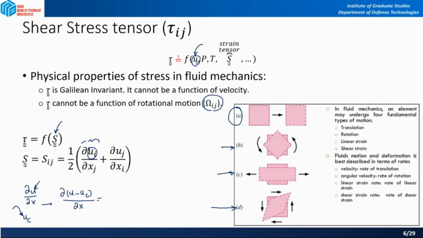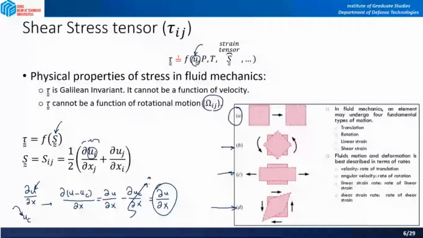You can write it as du over dx minus duc over dx. If you travel with constant velocity, your uc is constant, so its derivative is zero, and you again have du dx. On a frame of reference that is accelerating or decelerating, it is a completely different story.